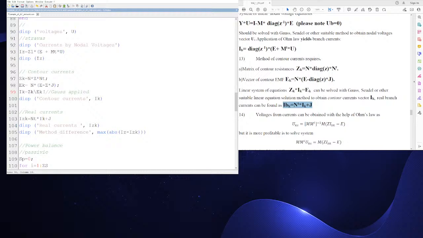For the contour current, I used the built-in Gauss technique. You can use it for node voltage without any problem. So I will get contour currents, I will get real currents, and to check results, I'm calculating the difference between currents obtained by two different techniques.